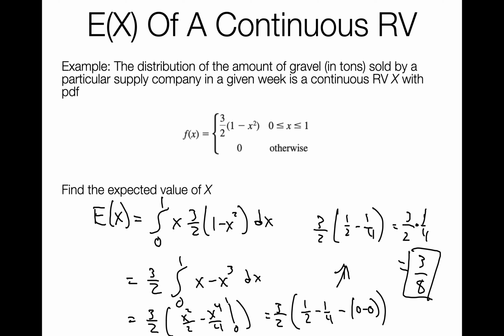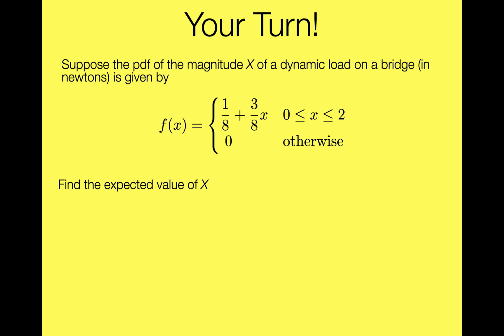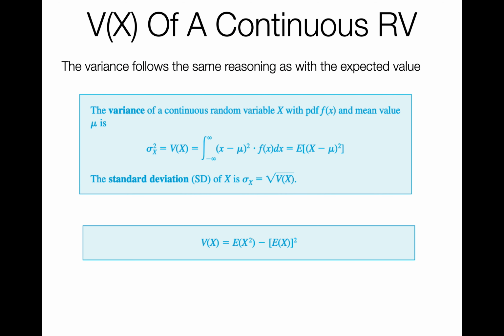Now I want you to take that and apply it to the same situation that you had before, this dynamic load on a bridge, but now find the expected value. You can pause and do that on your turn, but I am going to move forward to finish out the rest here. Of course, when you talk about expected value, you talk about a variance.